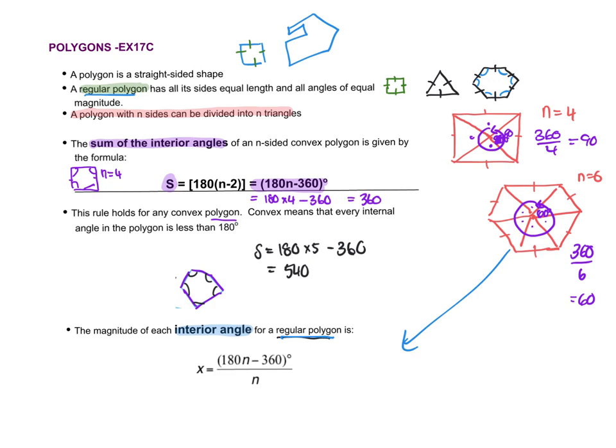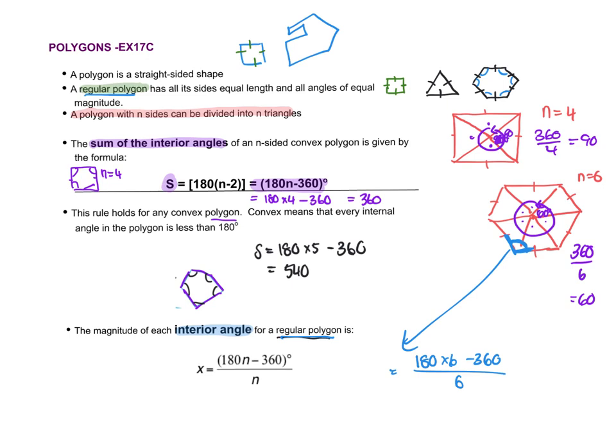If I wanted to find one interior angle, which would be here in between, what I can do is use the formula 180 times 6 minus 360, divided by 6, because a hexagon has 6 sides.